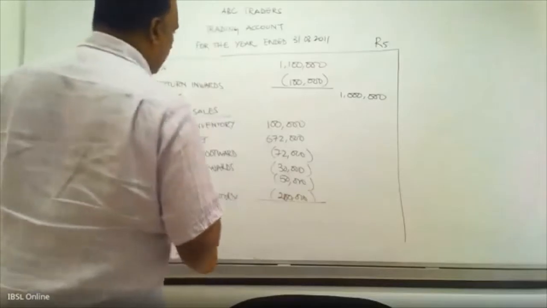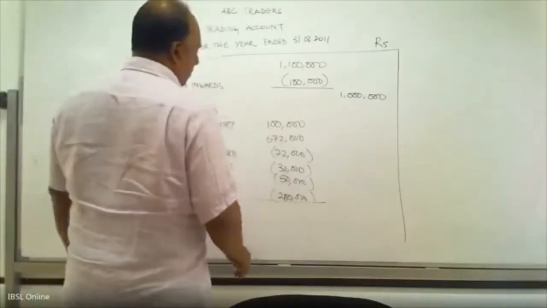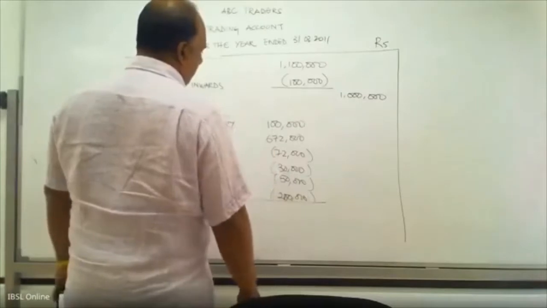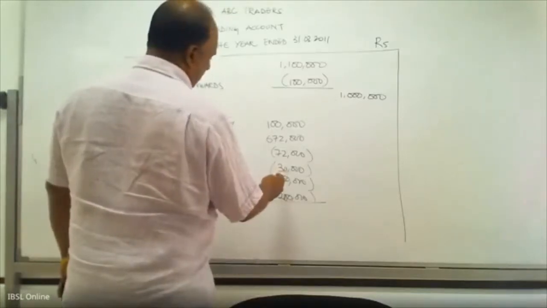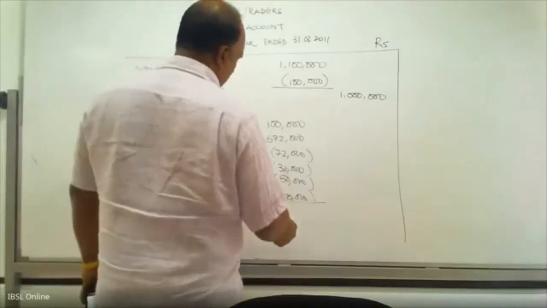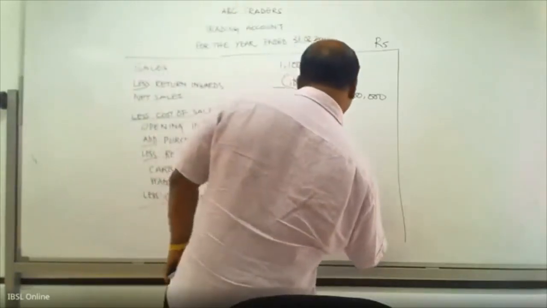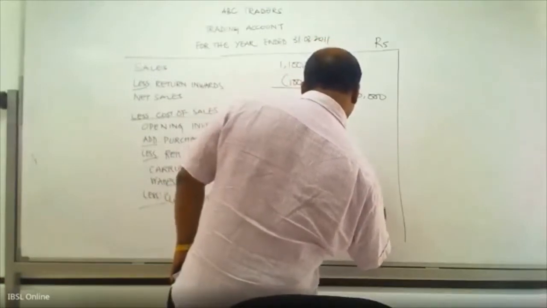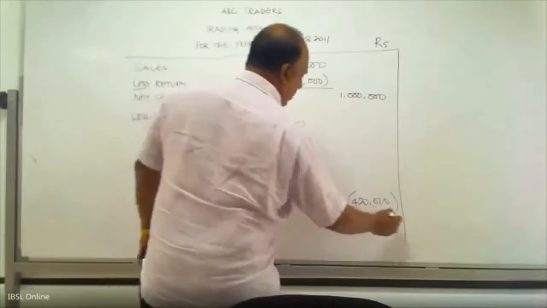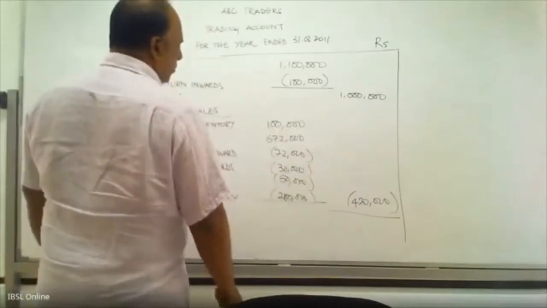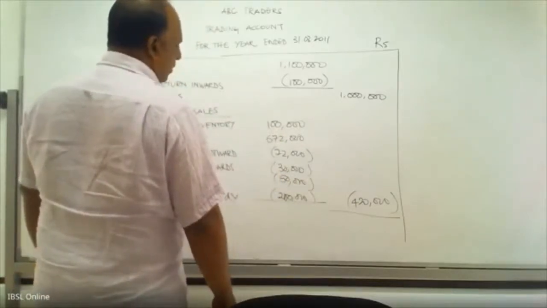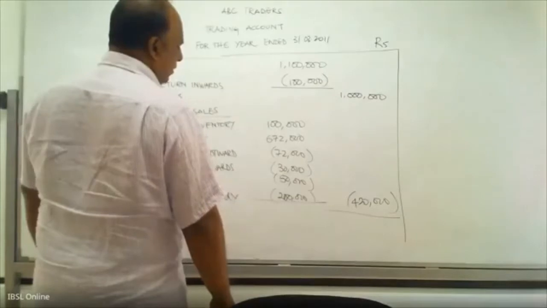So if you total this, it will be, I think, 420. So that is your total cost of sales. Am I correct? 672, 772. And when you deduct 72, it's 7, 7 take out 2 is 5, 5 into 420.